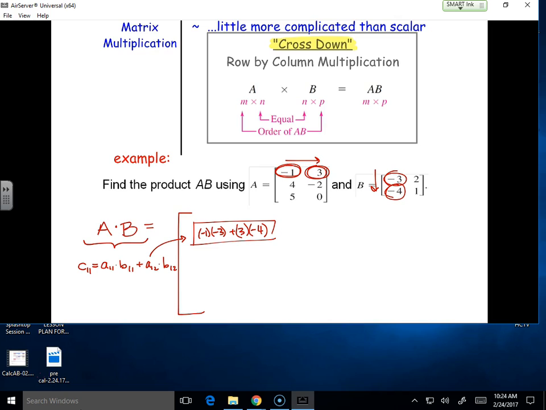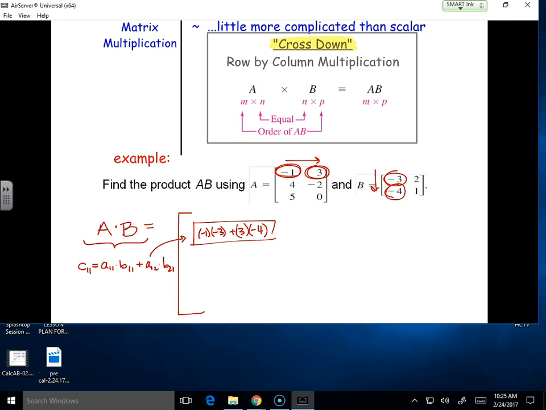So it should be A12, B21. Oh yeah, did I write that backwards? I did. Thank you. Cross down. We're not going over, we're going down. A11, B11, A12 go across, B21 go down. There we go.